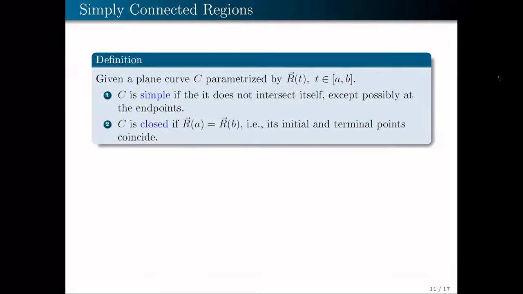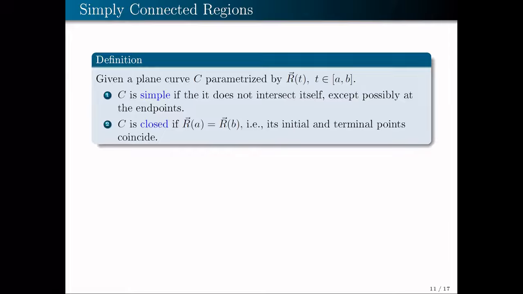Let's now talk about simply connected regions, which we can define through the use of the following terms involving a plane curve C. Here, the plane curve C is parameterized by the vector valued function r of t, where t is from a to b. We say that the curve C is simple if it doesn't intersect itself, except possibly at the endpoints.